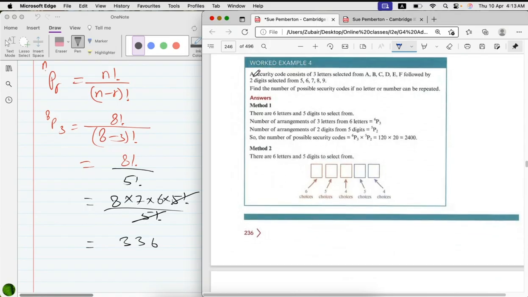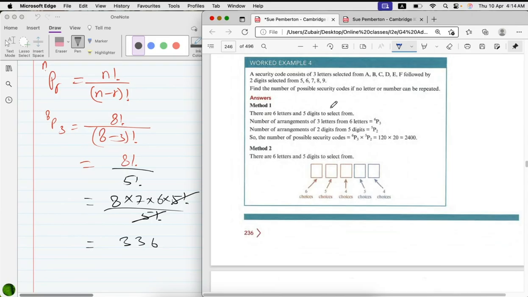Worked example. A security code consists of 3 letters out of A, B, C, D, E, F, followed by 2 digits selected from 1, 2, 3, 4, 5. Those letters were 6, and the digits are 5. And this is a password, so order will matter.